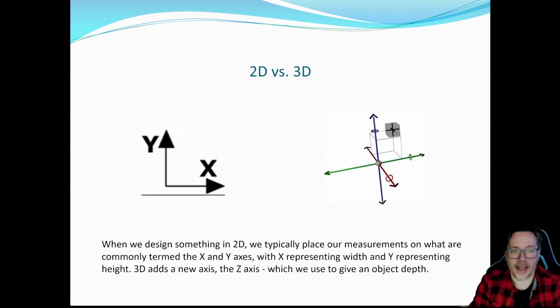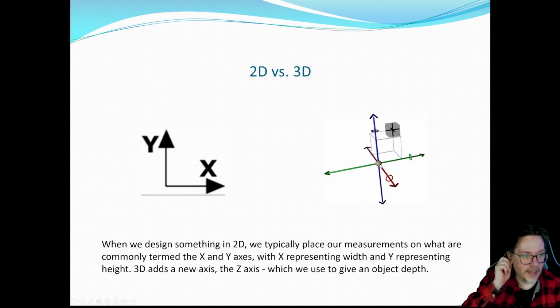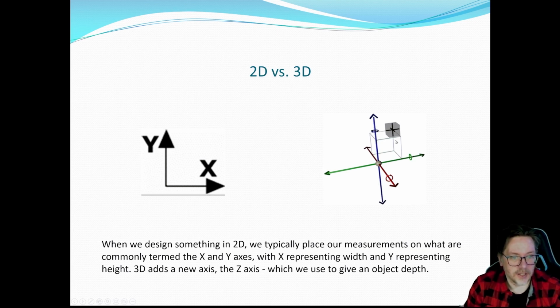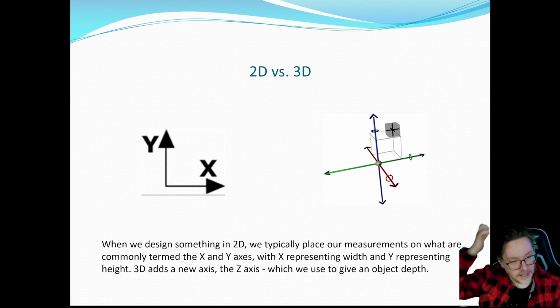So in 3ds Max, the red arrow on here, I don't know if that's capturing my cursor. Yes, it is. The red arrow on here is the X. The green arrow is the Y, and the blue arrow is the Z. So as you can see, we can actually create 3D objects using those three axes.